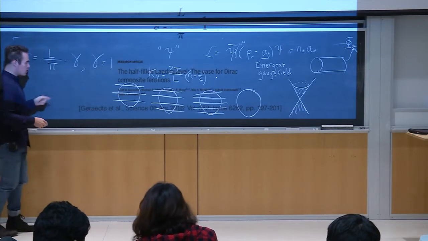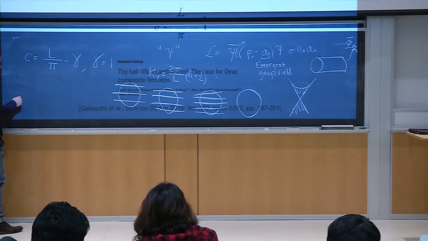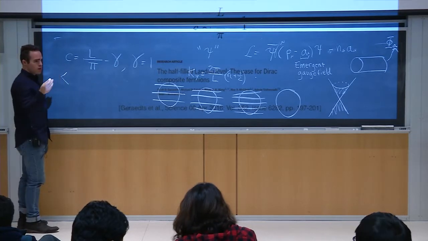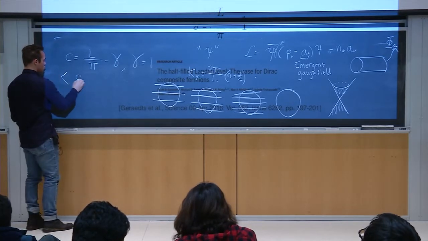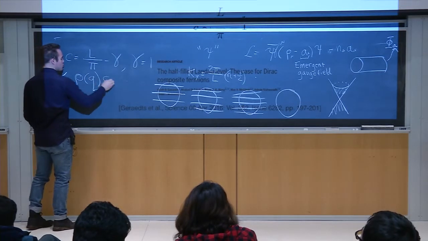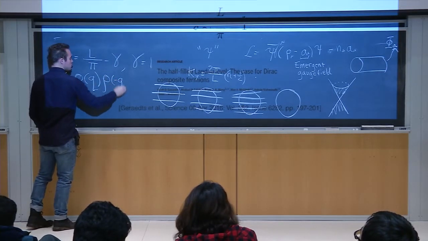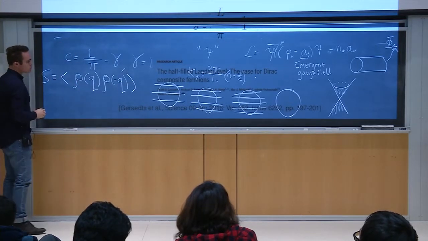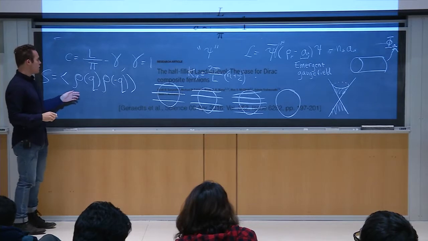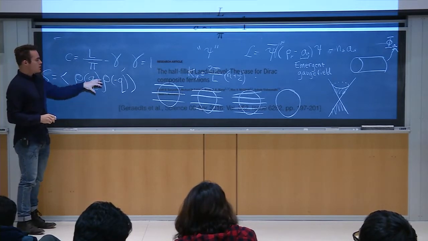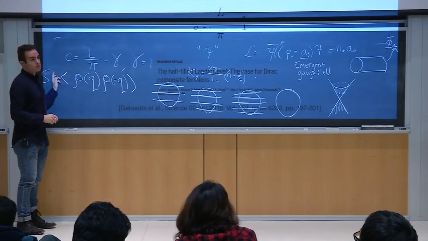So I wasn't going to talk about this so much, but what you can look at is, suppose you pick some operator like the density, I'll call it rho, and you can measure the structure factor, like rho of q, rho of minus q, like this. And what you can look for is peaks or non-analytic kinks in the structure factor.